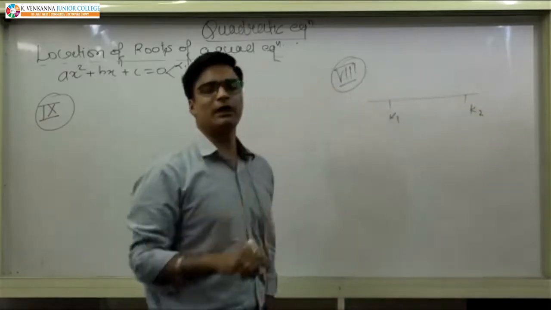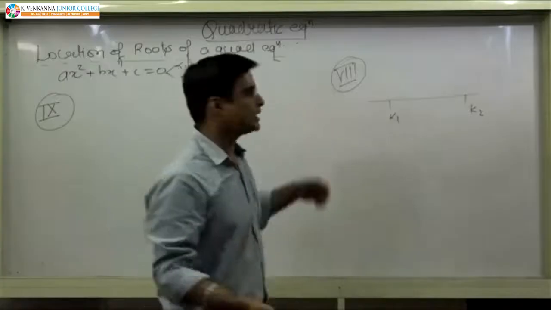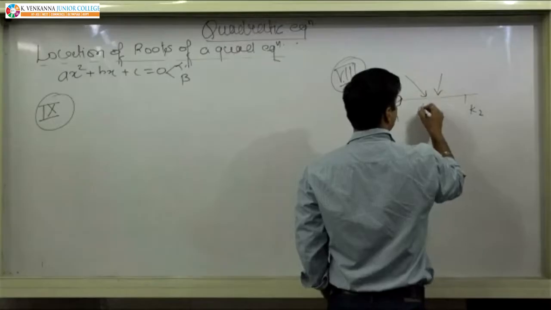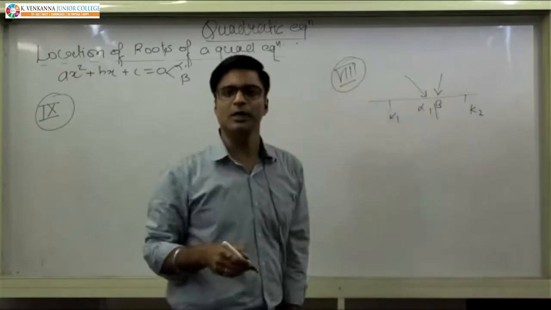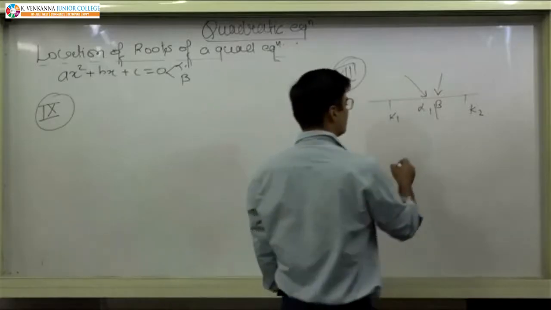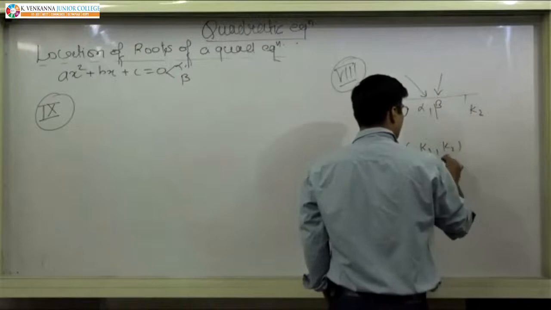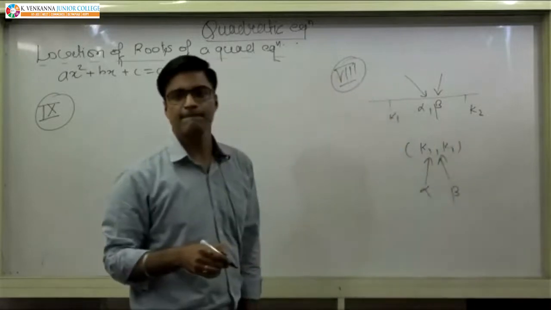K1, K2 is the interval. In the eighth case that we just studied, we said alpha, beta both lie in this interval. Alpha is also lying in this interval and beta is also lying in this interval.